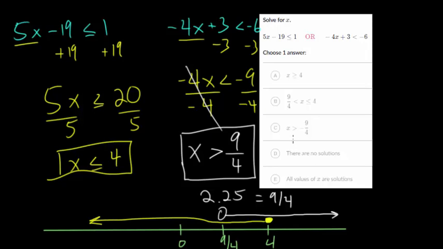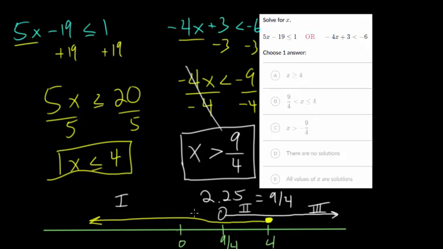So this one's an interesting one, because notice when I do my regions, I have one region there, one region in the middle here, and then one region on the end. And it's an OR statement, so that means it has to satisfy just one of them. It can satisfy both, but it just has to be at least one of them.